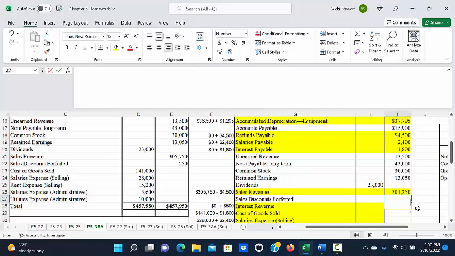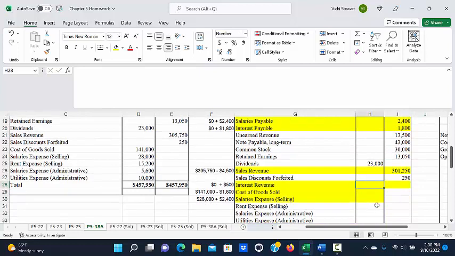Sales discounts forfeited did not change, so it will remain $250. The interest revenue is a new account that we didn't have previously, and so it will be recorded at the amount of $500 for the adjusting entry that we made.